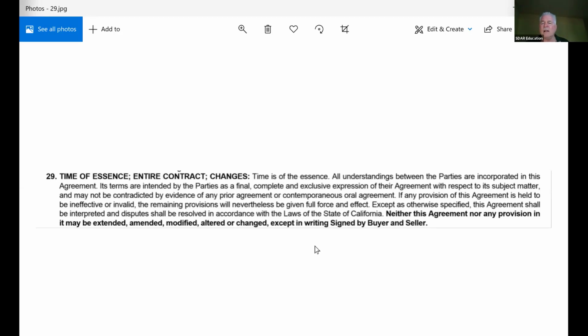So when we have a contract and we don't have time of essence, then whenever you get around to it, it's not a big deal, right? But the problem for us is that it is a big deal. We want people to perform on time, and we're on the edge of our seats throughout a real estate transaction, making sure that we're keeping the other side's feet to the fire, right?